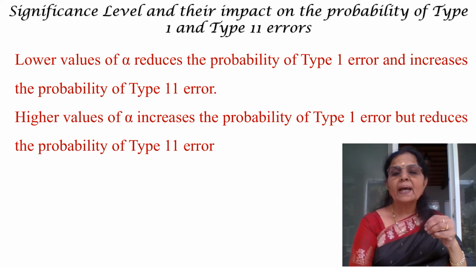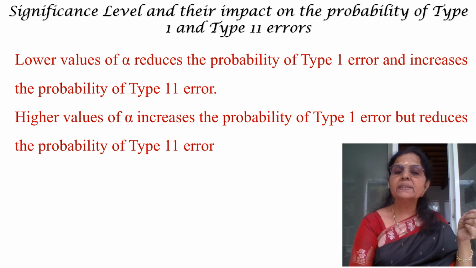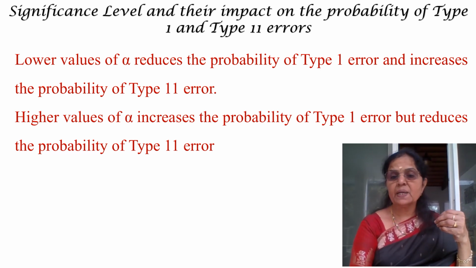Type 1 and type 2 errors vary for each case depending on your null hypothesis and alternate hypothesis. In some cases, type 1 error will be more dangerous and serious than type 2 errors, and in some studies it will be the other way around. So the researcher has to be very careful and choose the level of significance, the alpha level, before testing the hypothesis.